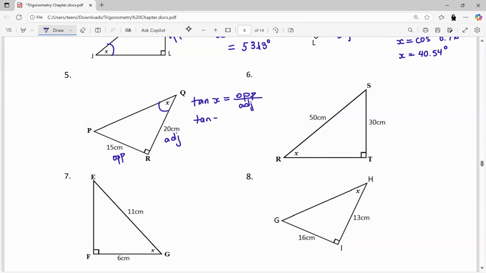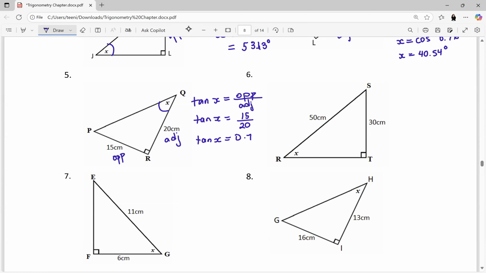So tan of X is equal to the opposite side, which is... it'll be 15 over 20, because the opposite side is 15 and the adjacent side is 20 and the ratio is opposite over adjacent. So 15 will go on top, right? Do you see why? Yes, miss. So then that means tan of X is equal to 0.75.